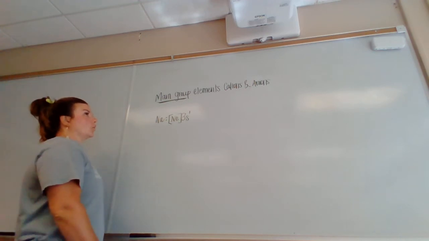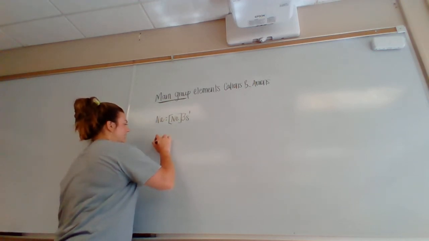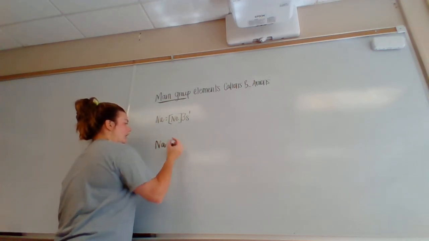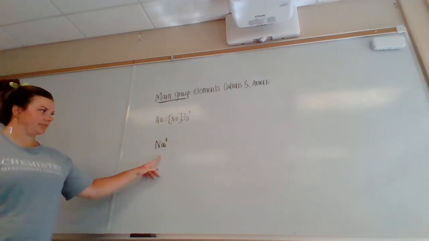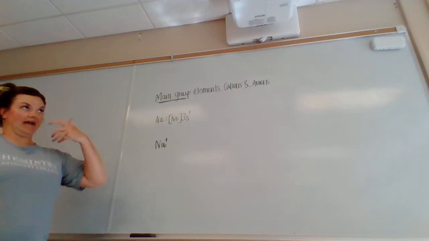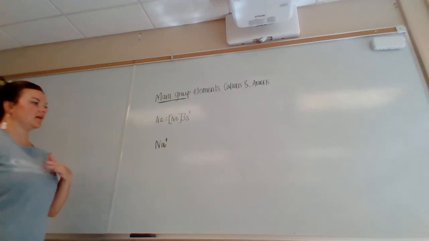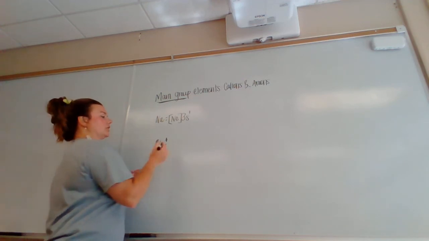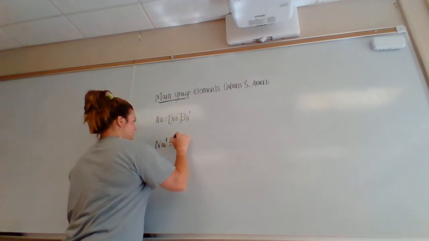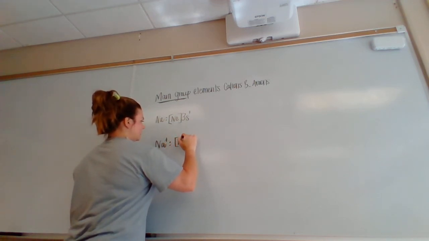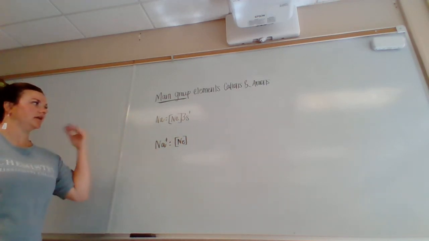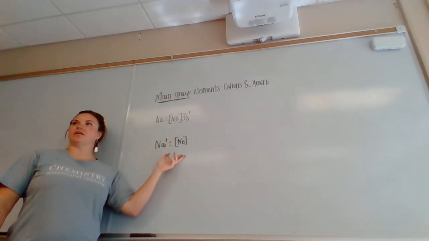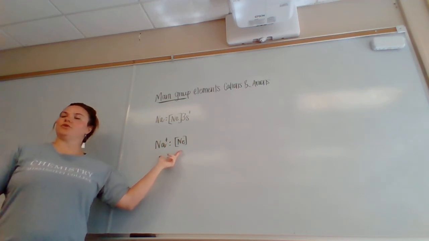Well, I told you just a second ago the elements in group 1 form a +1 cation. So Na+, the cation I would form, means I've lost an electron. So the electron configuration of the cation is just that of neon. How beautiful.